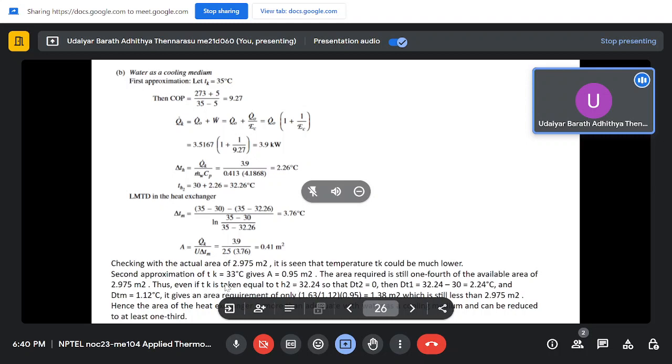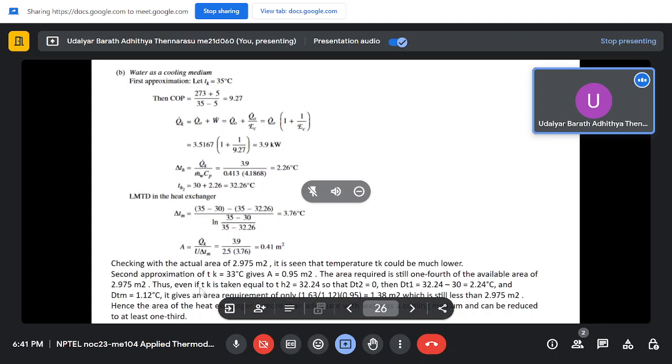So even if we take the exit temperature 32.24, so if you take your condensate temperature equal to the exit temperature of the water, in that case what will happen is your one side temperature difference will become 0, the other side temperature difference is 2.24, and for this the mean temperature will come out to be 1.12 degrees Celsius.